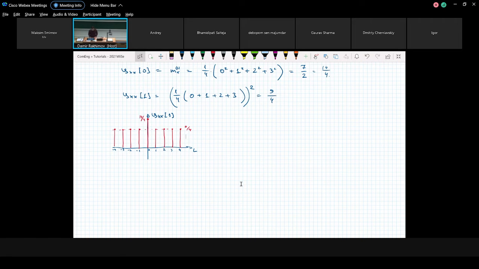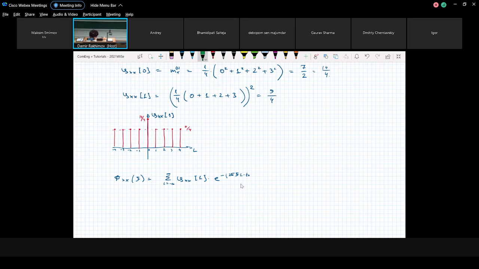Now we need to find the power spectrum density. We write it as a summation that goes from minus infinity of the autocorrelation of L times the exponential part, and actually try to analyze what we have.